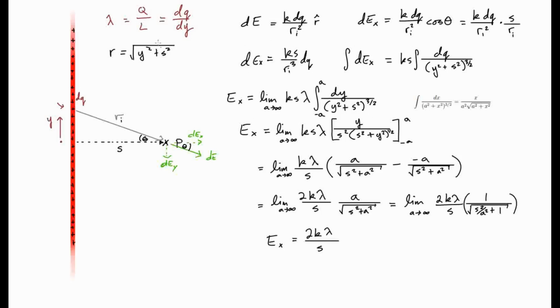And then we extended it to all elements along all distances and angles. We found one variable, y in this case, to translate our dq into, our r into, and our theta into, so that we could take the integral over one single line.